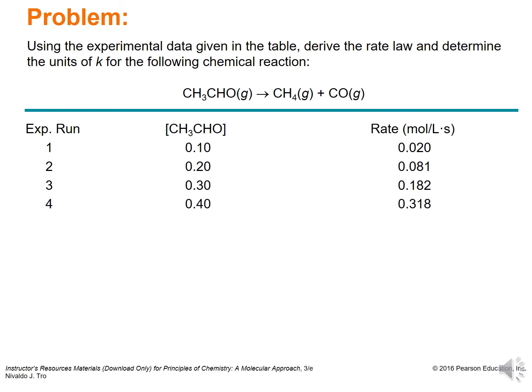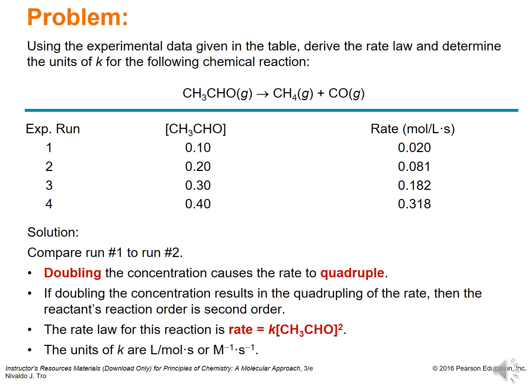We have 4 different experimental runs, with 0.1, 0.2, 0.3, 0.4 as the initial concentrations, and we find that we get a rate of 0.020, 0.081, and so forth as we go down. Let's see what we can do to figure out the order of the reactant in this example. Okay, so how do we solve this?